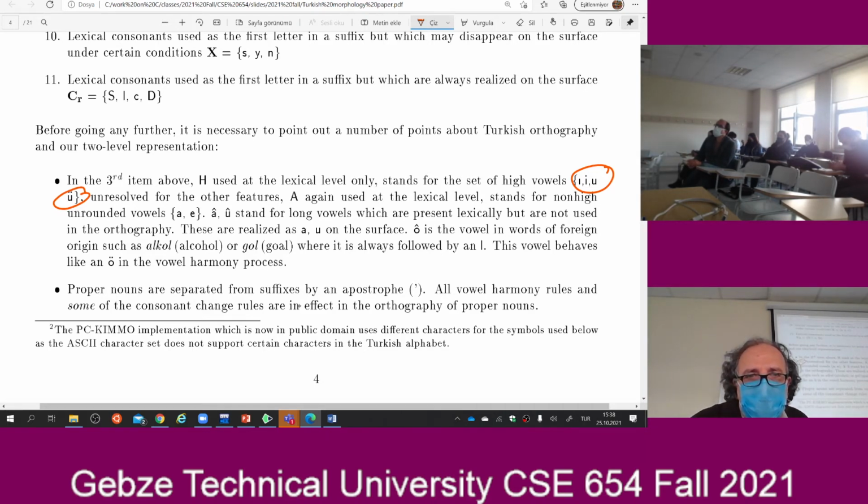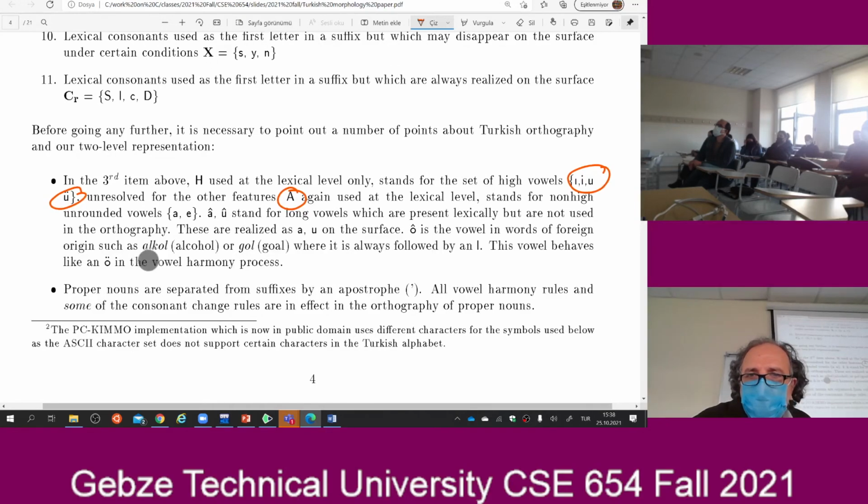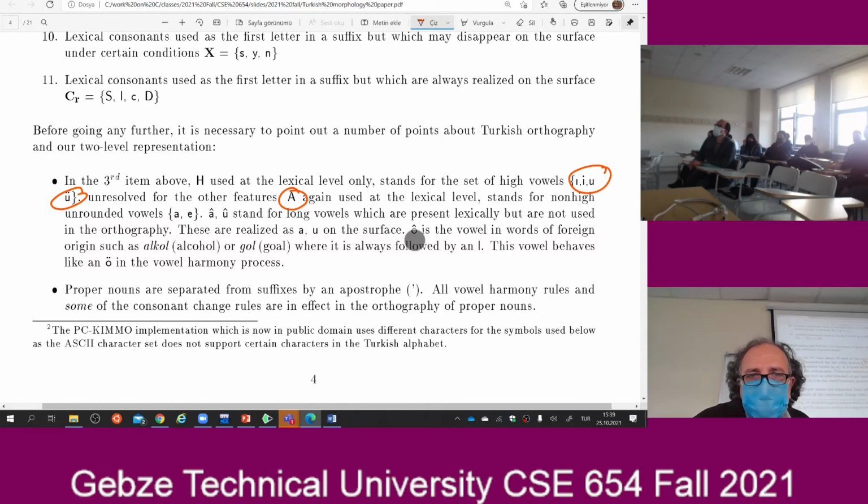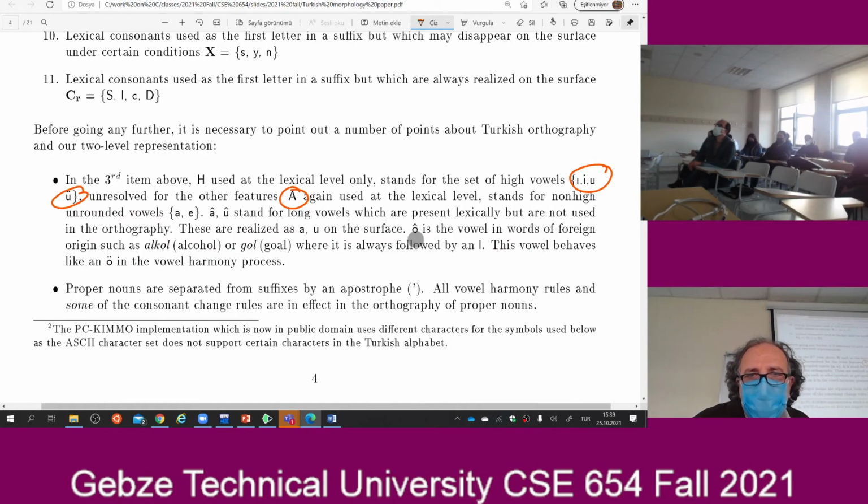And A is non-high unrounded vowels, A, E. And this şapkalı U stands for long vowels, Â, Û, etc. So this one is alcohol.